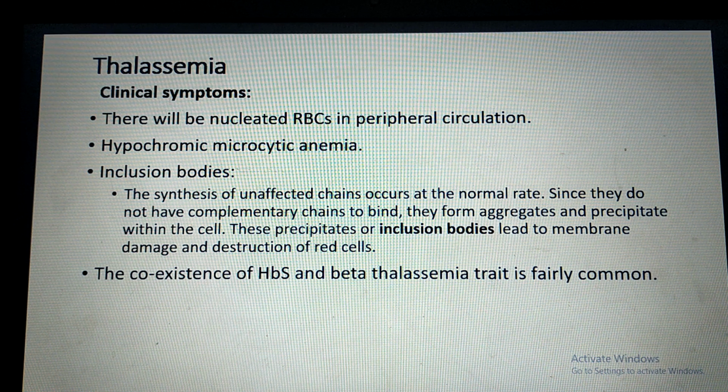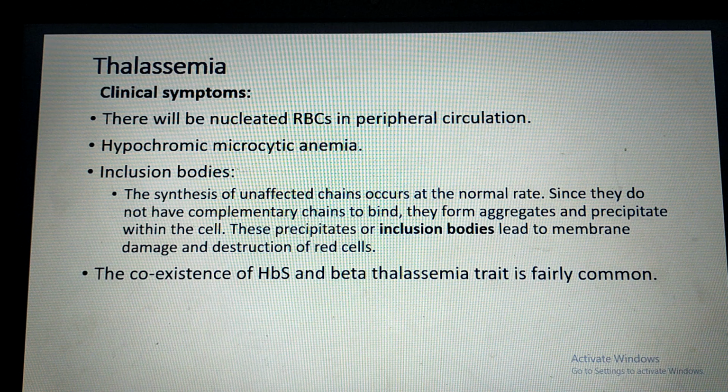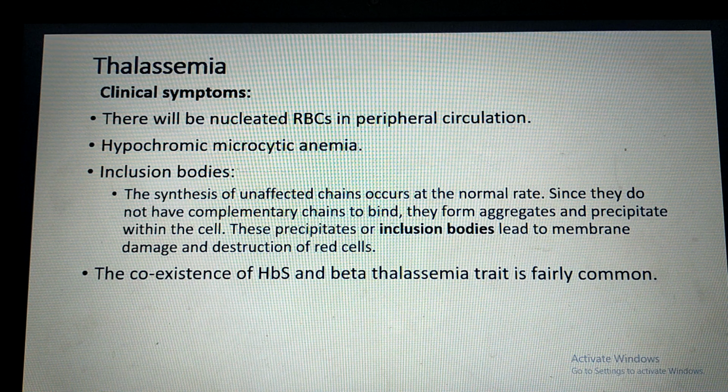Now we can also observe inclusion bodies in the RBCs in thalassemia. These inclusion bodies mean there is a defect in the synthesis of one chain, but the other chain is synthesized in normal proportion. So that unaffected chain aggregates and precipitates in the cell, because the unaffected globin chain is synthesized in normal proportion and it does not have a complementary chain.